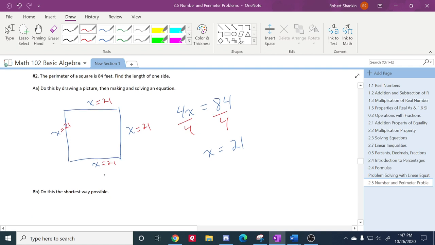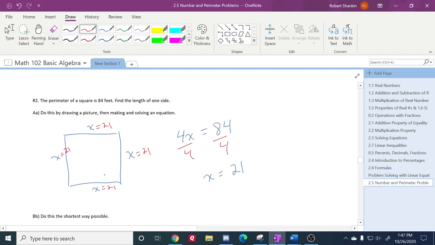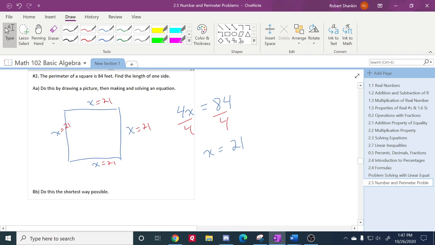All right. Now, do this the shortest way possible. Let me give you just 30 seconds to think about this. If you weren't drawing a picture, if you weren't doing anything, what could you have done? Let me just give you a moment to think about it. So, I'm assuming some of you would have thought about it this way: oh, it's just dividing 84 into 4 equal sized pieces.